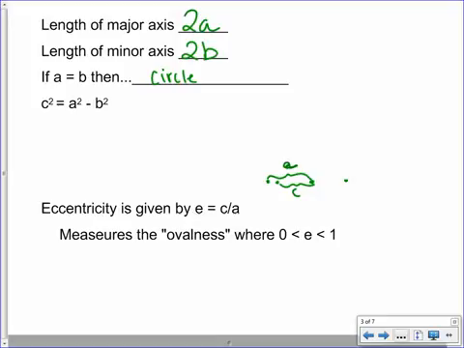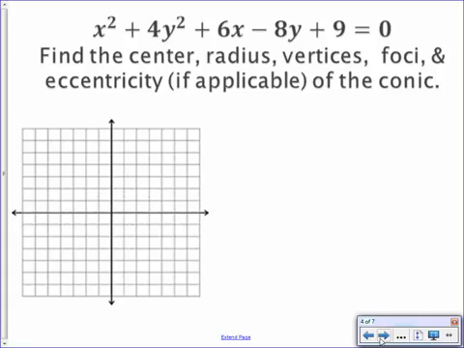Okay. All right. Let's get to it. Please write down this example. X squared plus 4y squared plus 6x minus 8y plus 9 equals 0. Okay. I am giving you an ellipse in the general form.